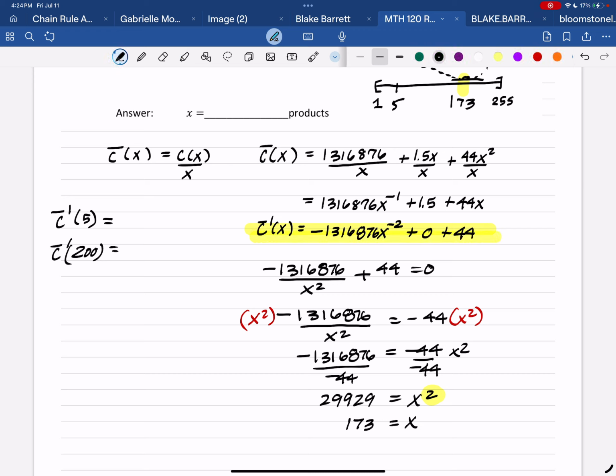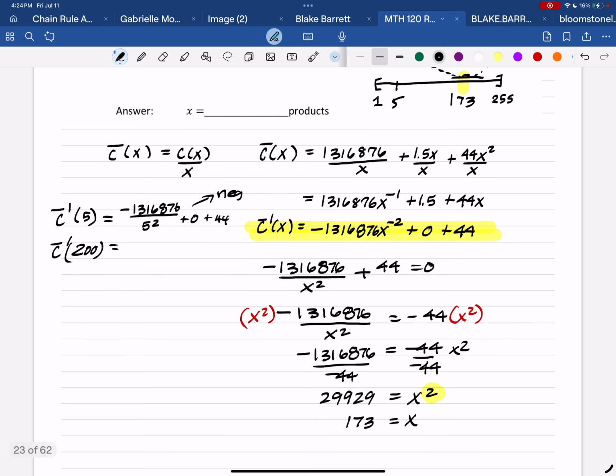It's negative 1,316,876 divided by 5 squared plus 0 plus 44. And that does come out to be a negative number. And then I have to do negative 1,316,876 divided by 200 squared plus 44. And that should be a positive number.